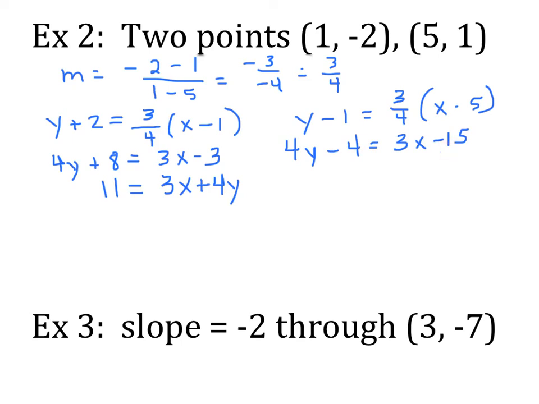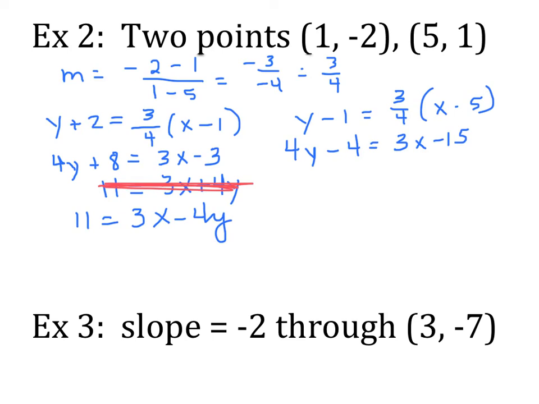Oh, look at that. I made a mistake right here. And it doesn't want to erase it. So I'm going to mark through it and correct my mistake here. That's 11 equals 3x minus 4y.